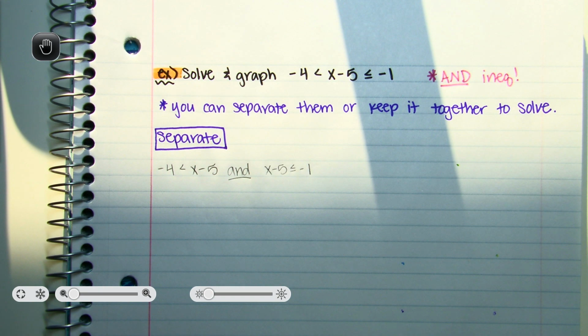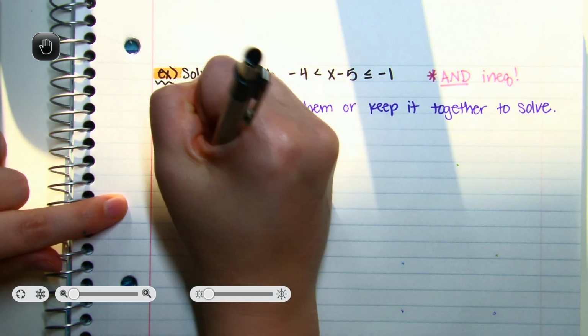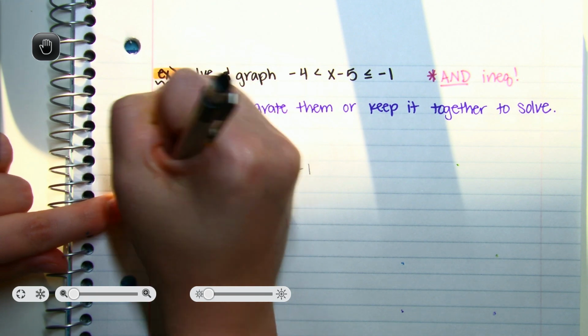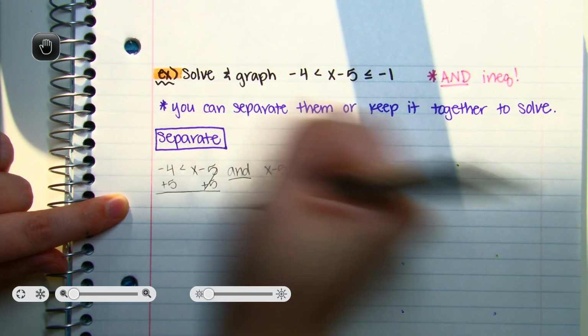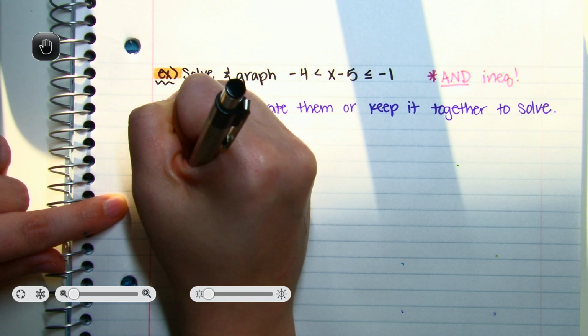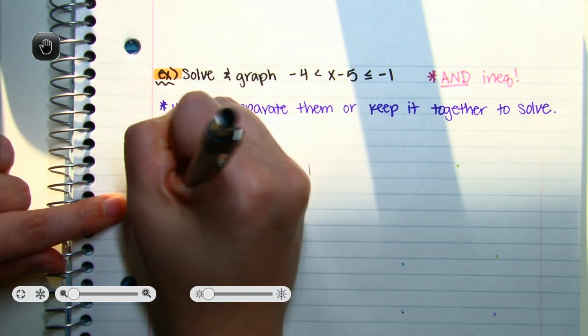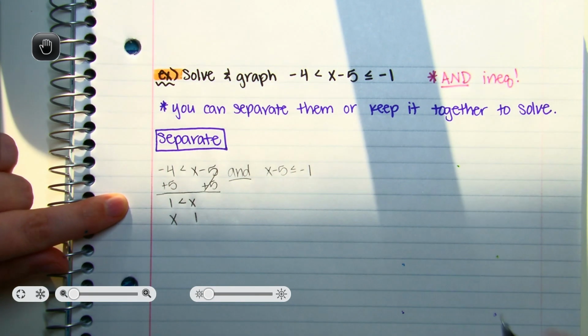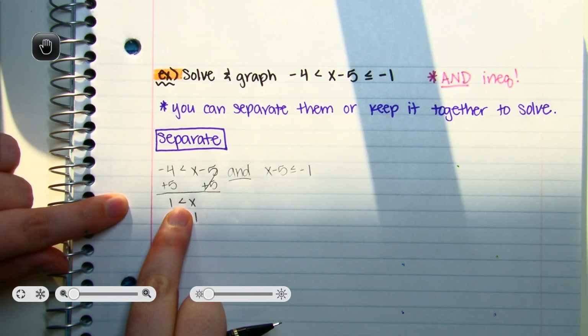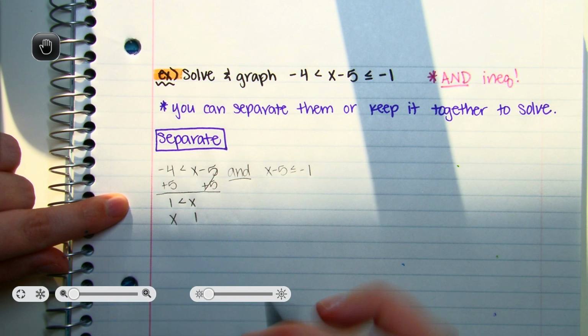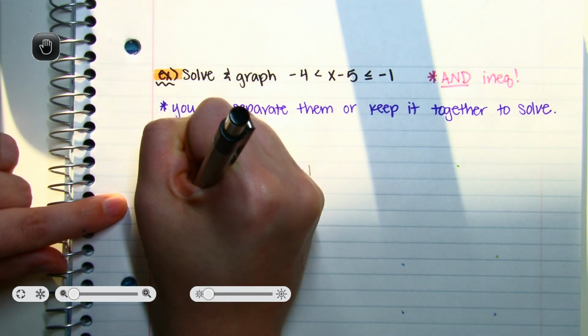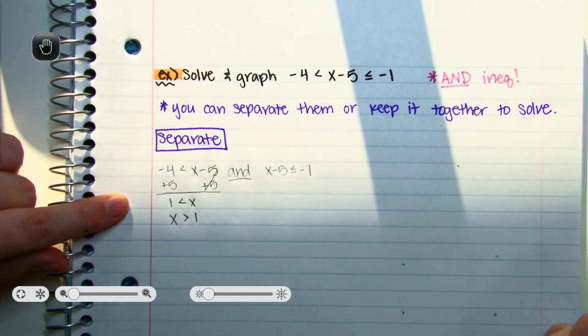Now I'm going to solve these two statements separately. I'm going to add 5 to both sides. So I get 1 is less than x, but then I'm going to rewrite that so that the variable is first. Now this inequality opens with the big side towards the x, so it stays open with the big side towards the x.